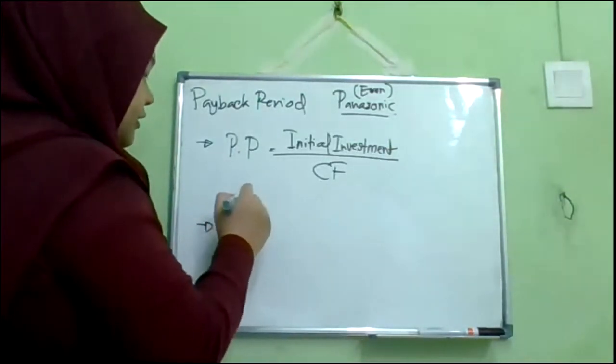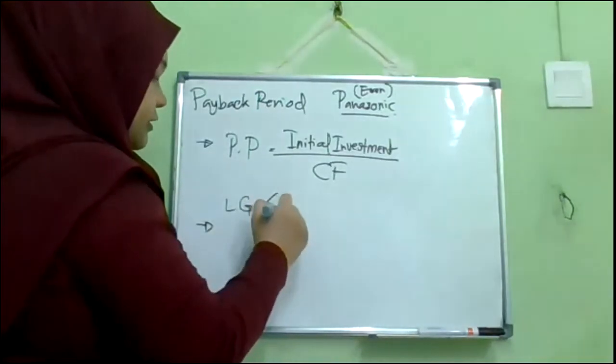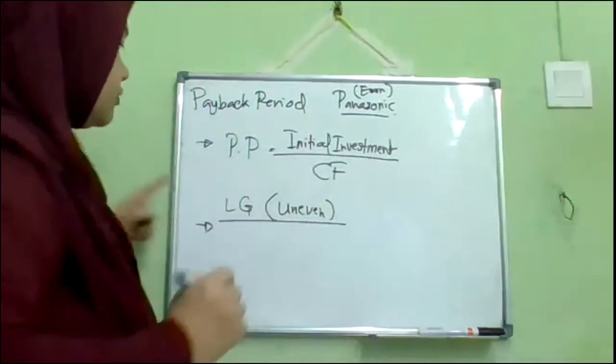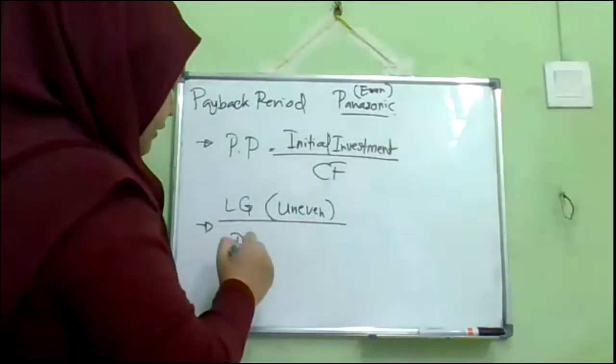For LG, this is uneven cash flow. So how to calculate payback period for uneven cash flow?